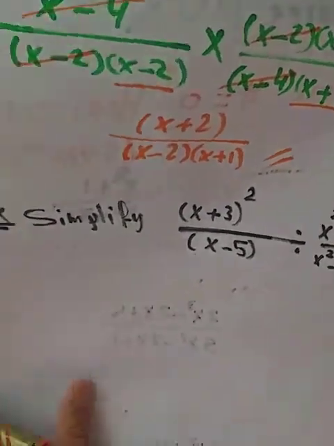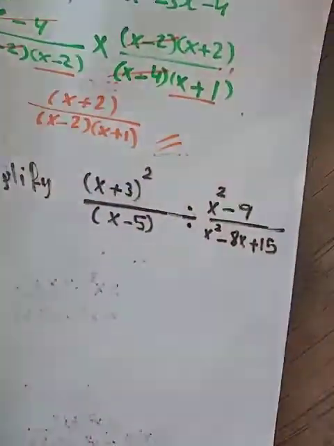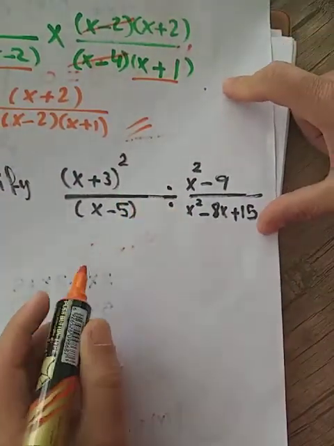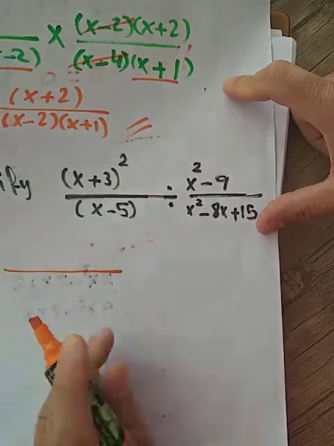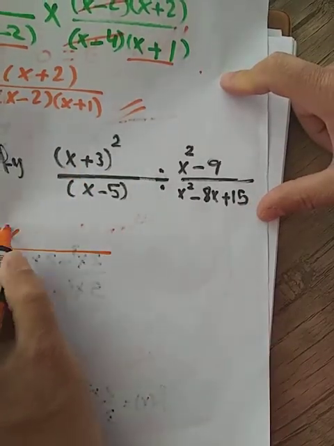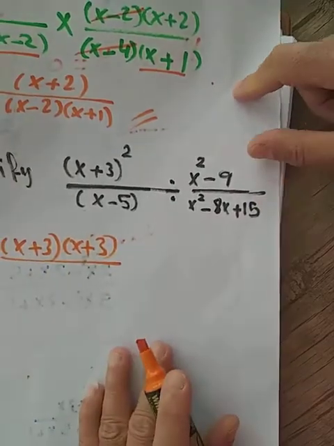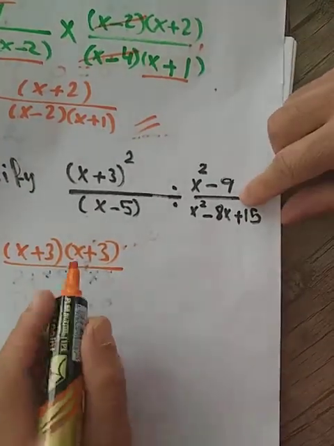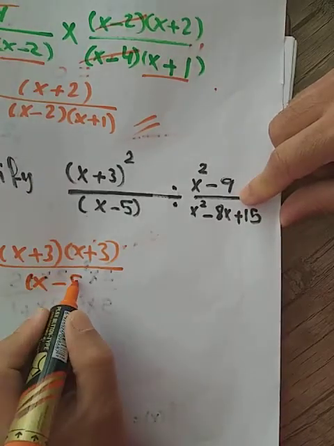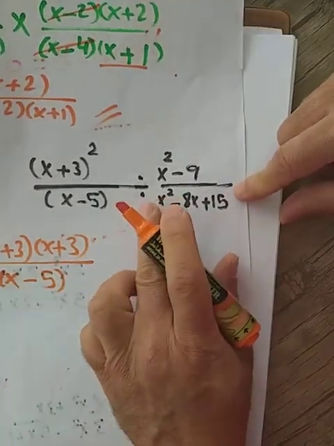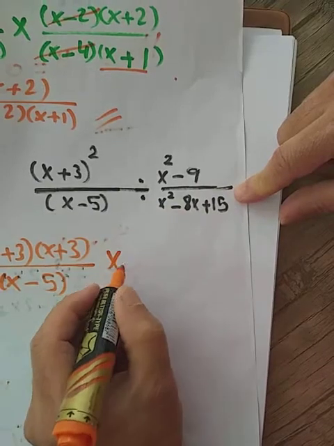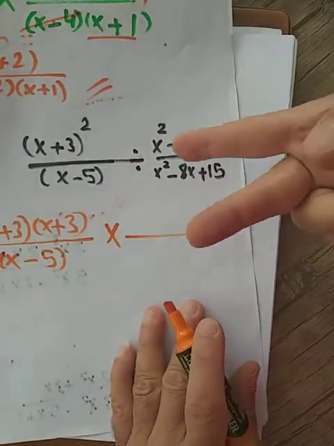Now, last one. This one. Factorize this one. X plus 3, x plus 3. This one is x minus 5. Division to multiplication. And reciprocal, this one.